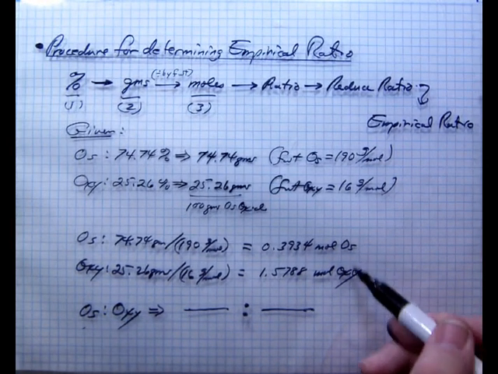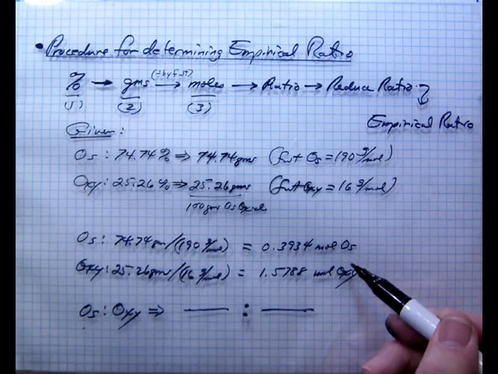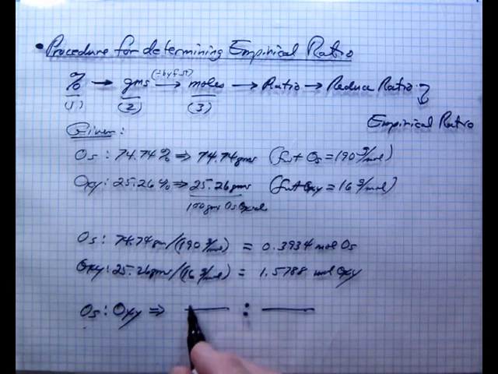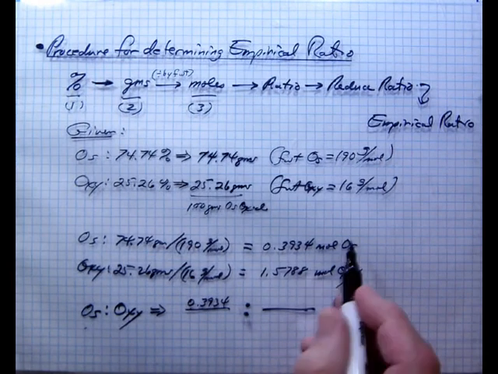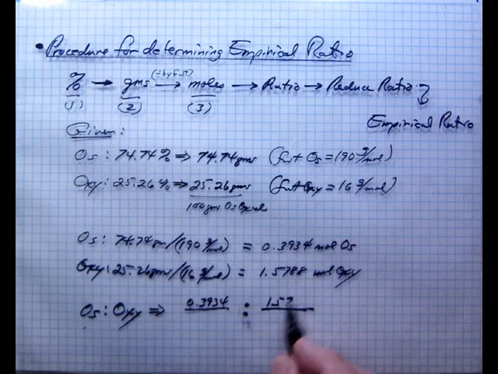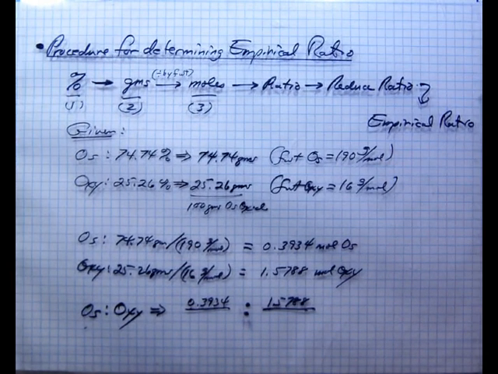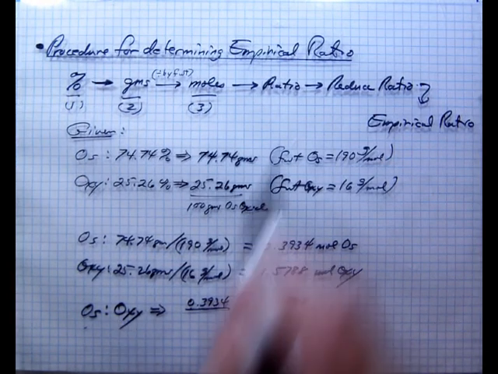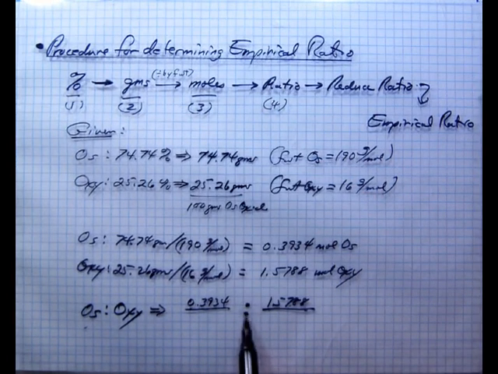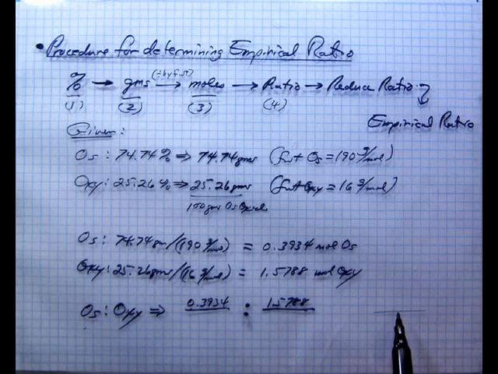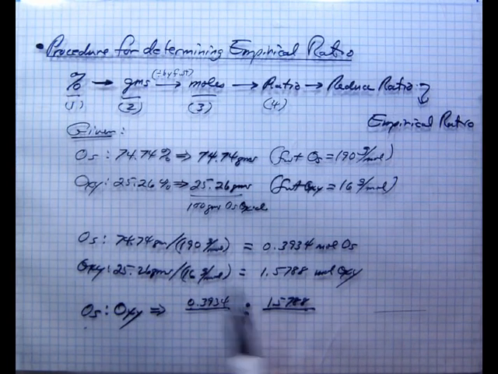And the numbers that I've calculated up here, as for moles, I'm going to put on the top: 0.3934, that's for the osmium, and 1.5788 for the oxygen. See what I did? I'll set up the ratio, and I draw a couple of lines of colon. If I had 3 elements in there, I'd put a colon in the third one. Okay?